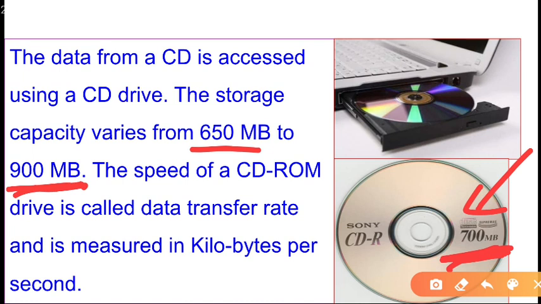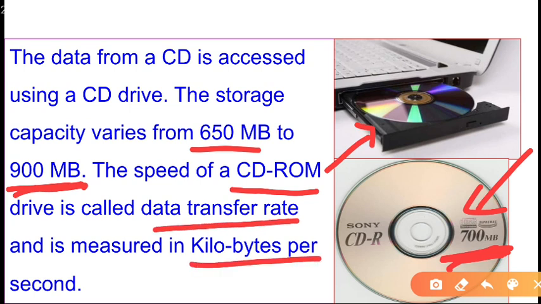The speed of a CD-ROM drive, that means the speed of reading the data, is called the data transfer rate, and it is measured in kilobytes per second.